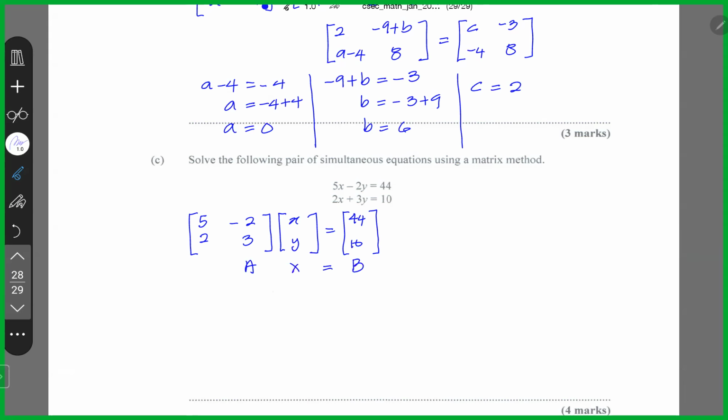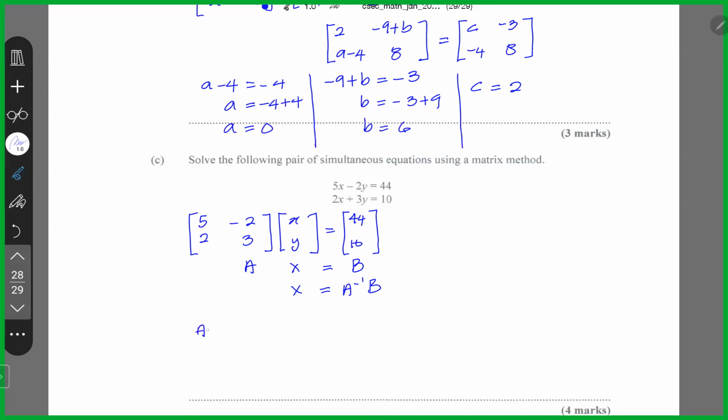I want to determine what are the elements of X. To do this, X would be equal to A inverse B. So to determine the elements of X, I must find A inverse.